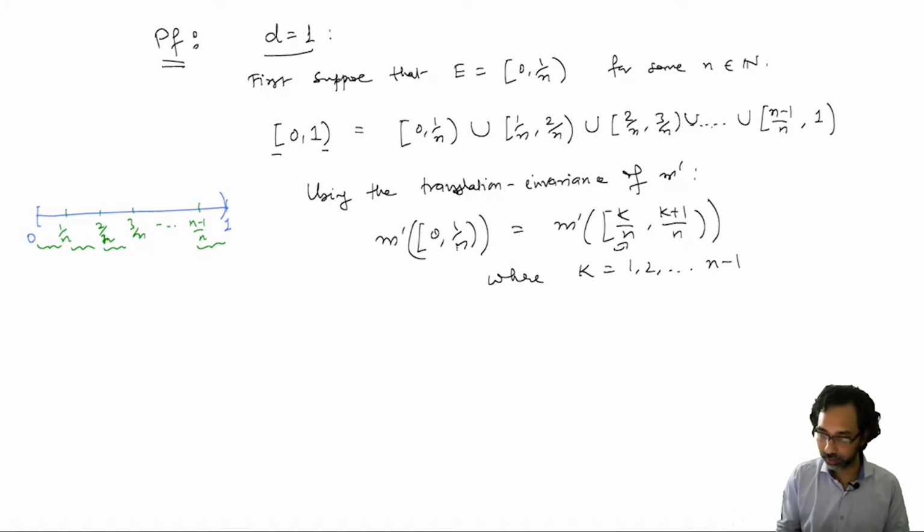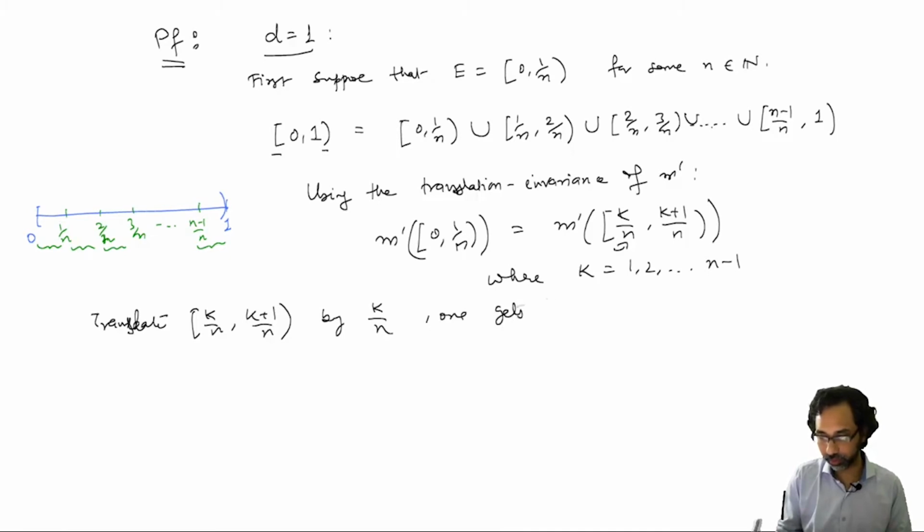If you translate this set [k/n, (k+1)/n) by the number k over n, one gets [0, 1/n).